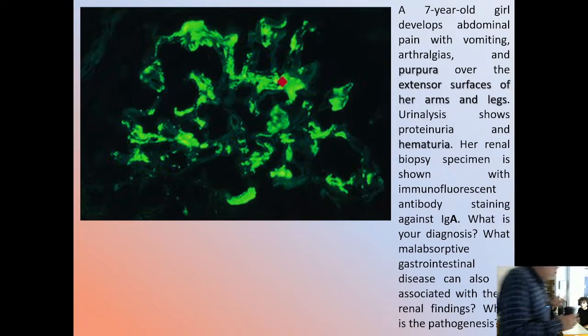And since morphology is preserved, you can see the depositions. Where are they? Are they throughout the basement membranes? That's another pattern. Are they in the mesangium? Like here, that's another pattern. But I stress again that in order that the findings of the immunofluorescence are diagnostic of a glomerulopathy, they should be granular, like here.